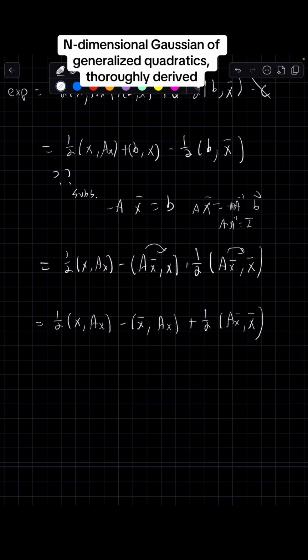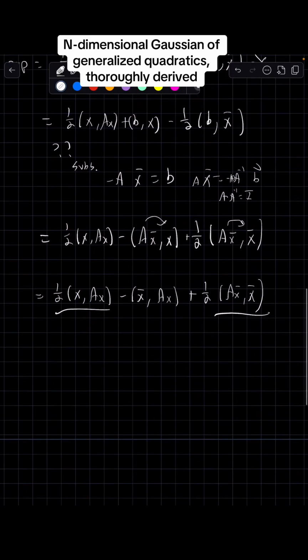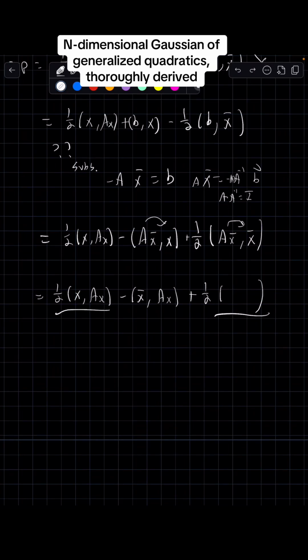Now we're getting some symmetry. These terms, x bar A x and x A x bar, look really similar. So there'll be a similar operation, but this looks different. So I'm going to do a little trick.